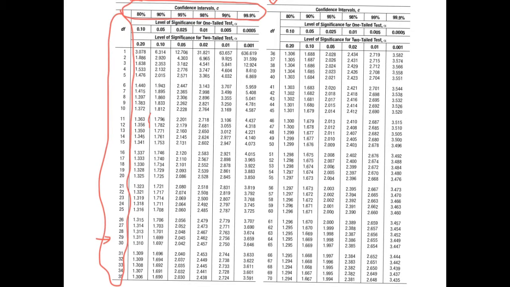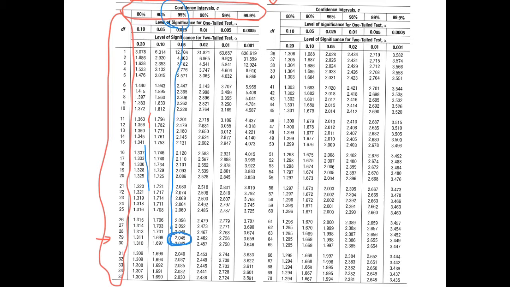And we have 29 degrees of freedom. The t value for the 95% confidence level is 2.045, and this effectively gets entered into our confidence interval equation.